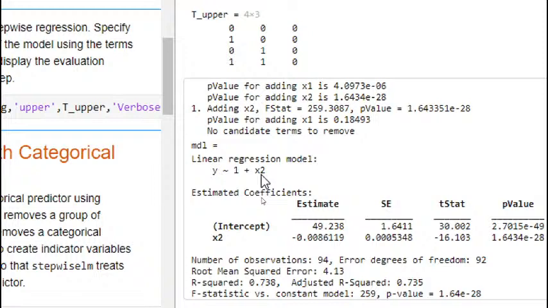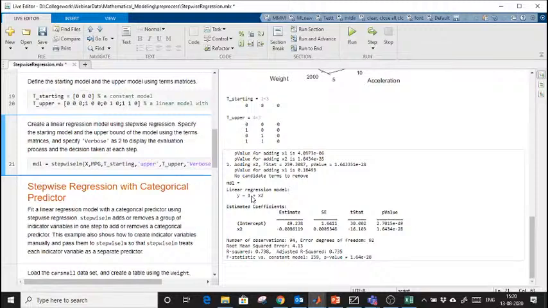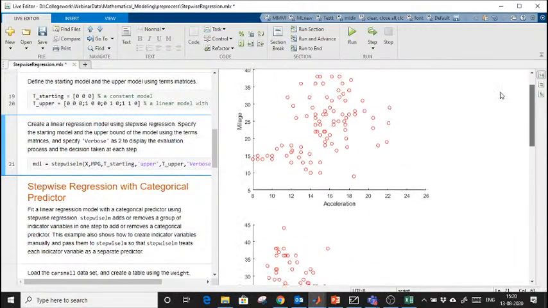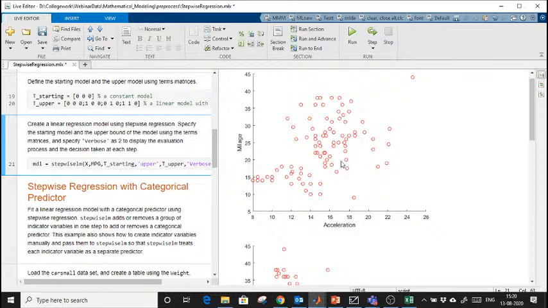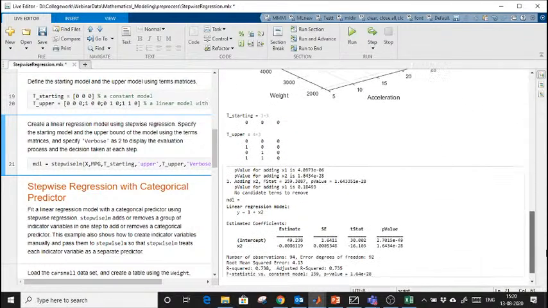And what is the coefficient of weight? That is minus 0.0086119. And you see that acceleration is removed from here because we don't require that acceleration value, because you see that in this graph it is not so highly dependent. That's why we remove that acceleration. Means this model automatically removes that acceleration.